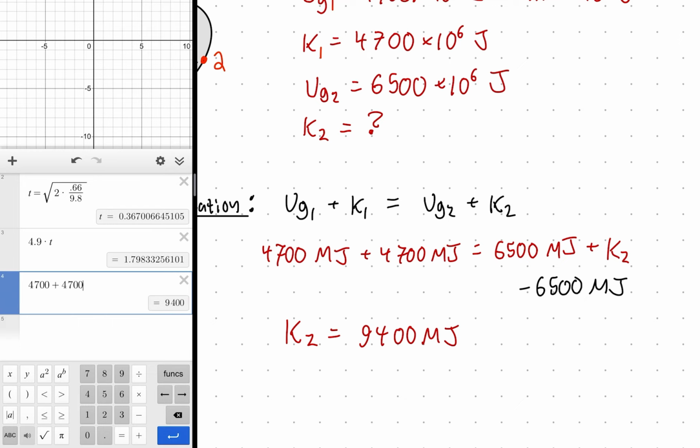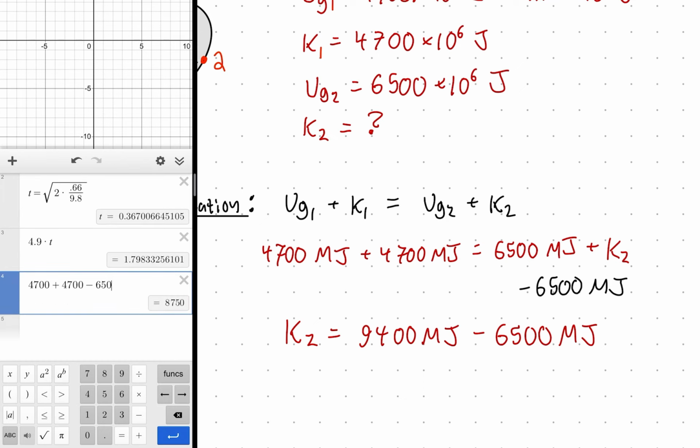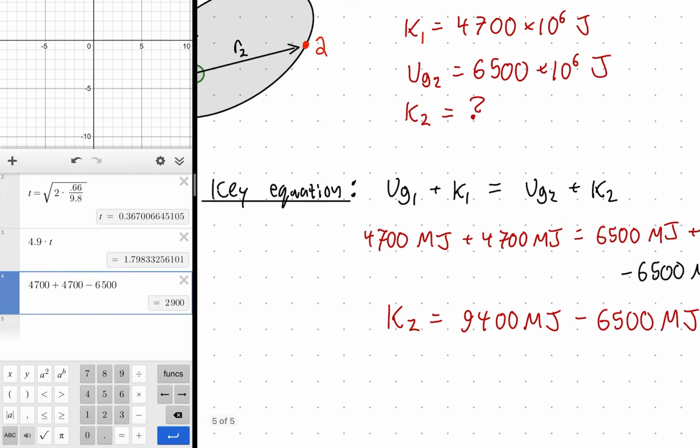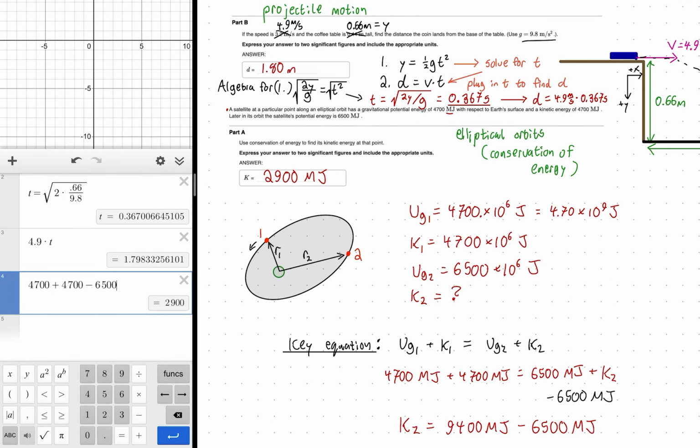Of course, times 10 to the 6th is megajoules, but we'll leave it as megajoules. And then minus 6,500 megajoules, and that's going to be our answer. So let's just do that. Minus 6,500. There we go. 2,900 megajoules, and we are done. 2,900 megajoules of kinetic energy at point 2.